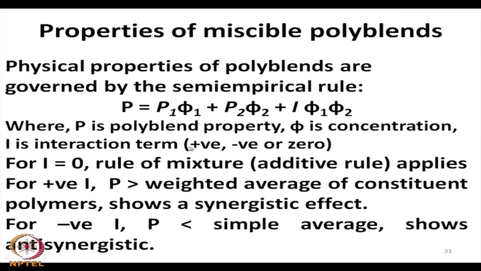So, this interaction term can be positive or negative or 0. Now, if this I is 0, this term becomes 0, and in that case the rule of mixture, that means the additive rule, applies. In case of the value of I as positive, P would be greater than the weighted average of the constituent polymers, and that shows a synergistic effect.